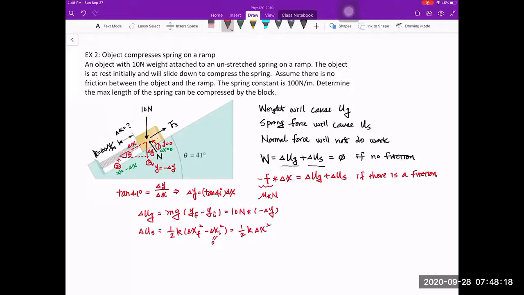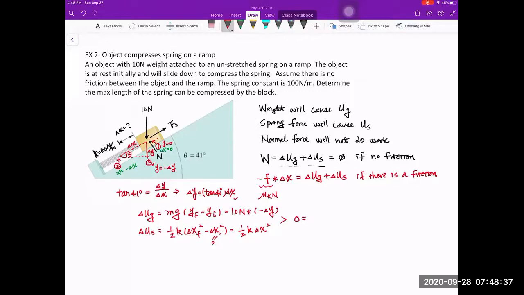Now we have these two equations. We also know that k is equal to 100. We also know x and y are related by this equation here. Then we sum these two together, and it has to be equal to 0.